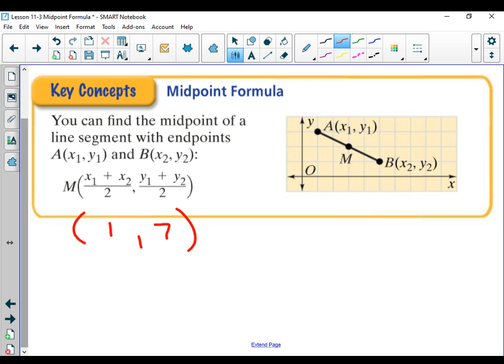So the actual midpoint would be forward 1, up 7. So all of our answers look like an XY answer. I know, it's weird compared to yesterday. Another question is, are we going to get something like 5.72, comma 2.7? Most of them, if we get a decimal, are a nice decimal like half.